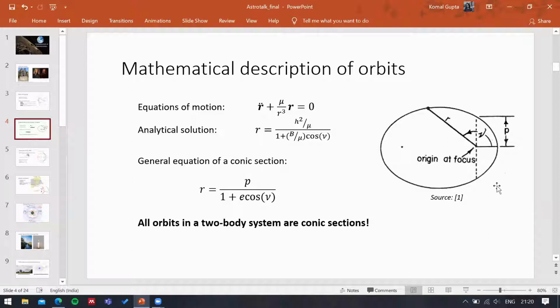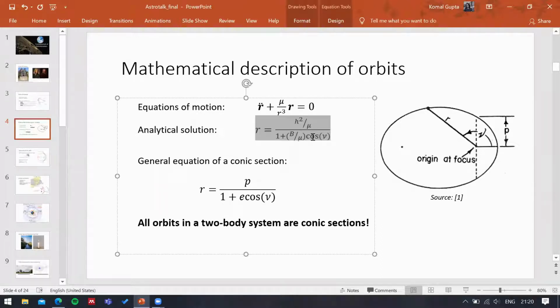The equations of motion can be written by simply using Newton's law of gravitation, which is the first equation that we have here. And this equation can be solved analytically. The solution is also mentioned here.